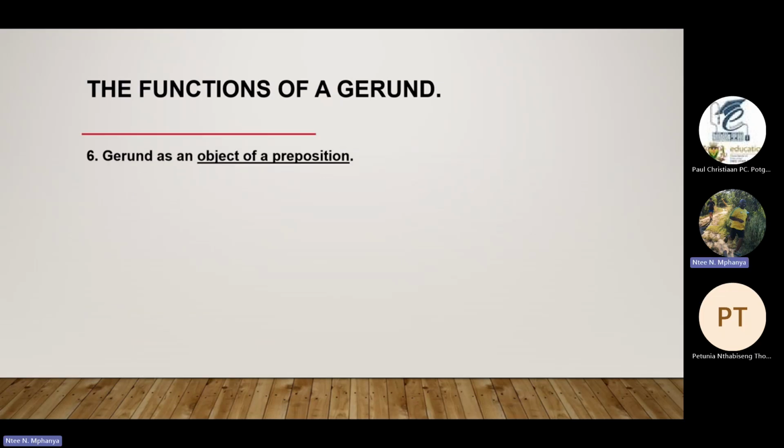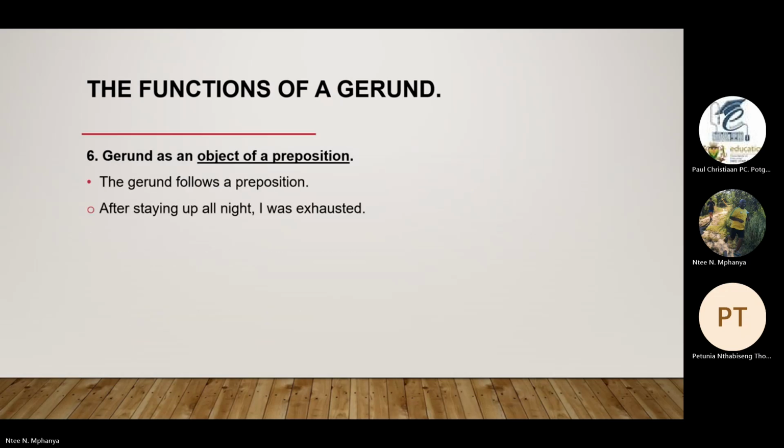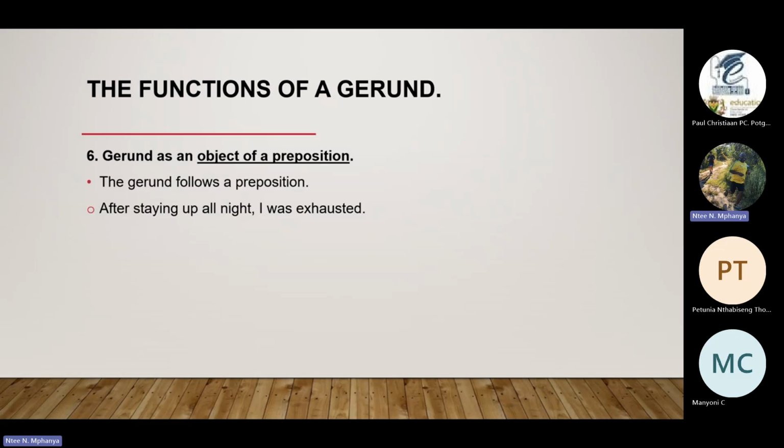Then the gerund as an object of a preposition: the gerund follows a preposition. After staying up all night, I was exhausted. After is a preposition. Staying is a gerund. So, after staying up all night, I was exhausted.